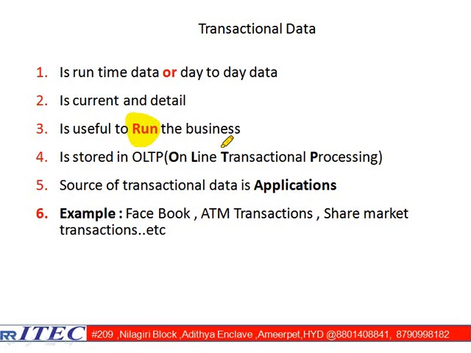At any point of time, with respect to any details, we have them here. A very detailed level of data is available. If it is the banking sector, I may have minute by minute, second by second, what happened. What time you transferred money from your account to another account, minute by minute is available. This data is mainly for the purpose of running the business.